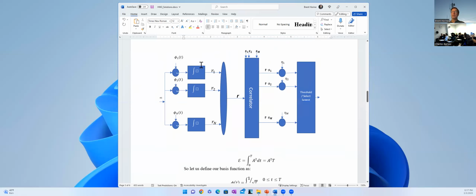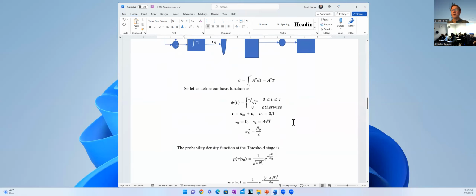But then we integrate, that produces a vector R, and then we correlate it with our vectors that represent each of our symbols. If need be, in this case we don't because they're equally probable, we add the bias term and then select, right? So that's a generalized correlation receiver.